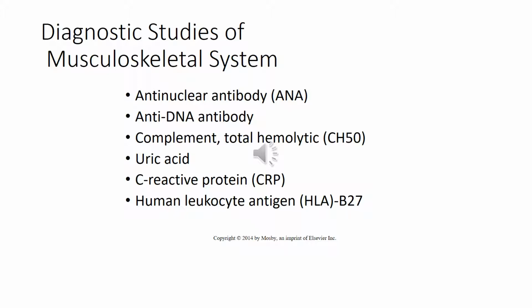Then we have human leukocyte antigen, HLA-B27. This antigen is often present in autoimmune diseases such as ankylosing spondylitis and rheumatoid arthritis.